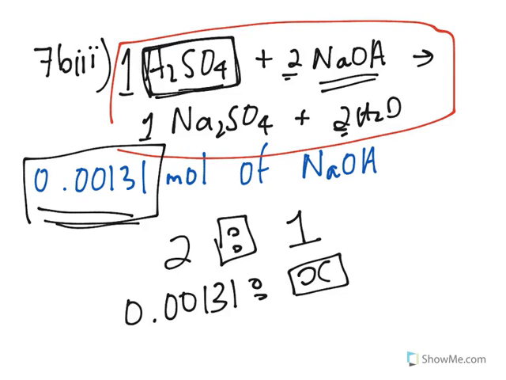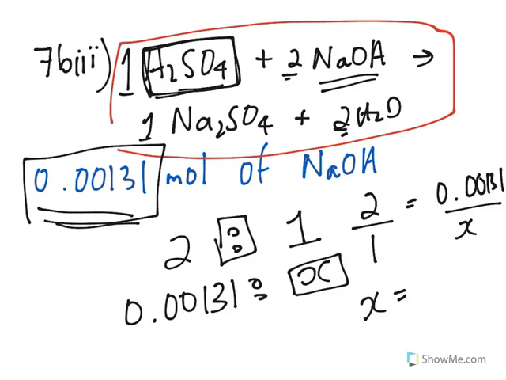How many moles of H2SO4 react? So that means we can say that these ratios should be equal. So 2 over 1 should be equal to 0.00131 over X. So it means that X, which is the amount of moles of H2SO4 reacting, should be equal to 0.00131 divided by 2.